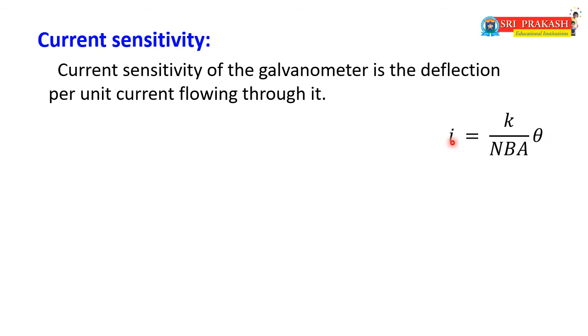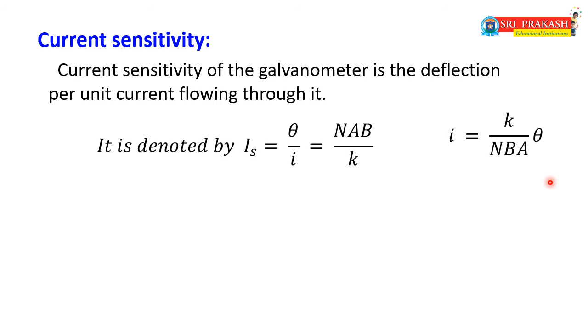According to the definition, deflection per current, if you shift current to the right side and K by NAB to the left side, you get theta by I. That is the current sensitivity, denoted by Is, which equals theta by I, which equals NAB by K.